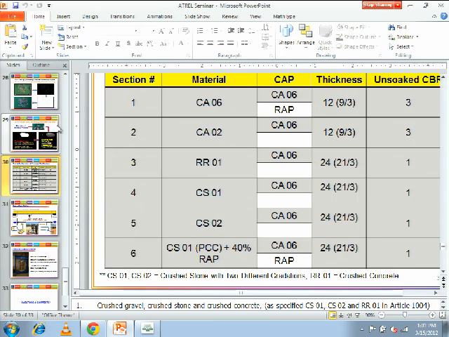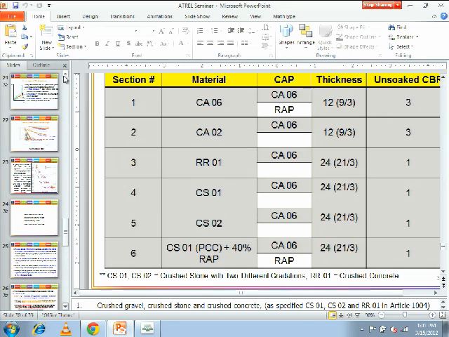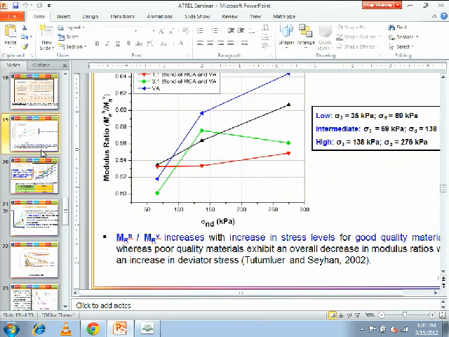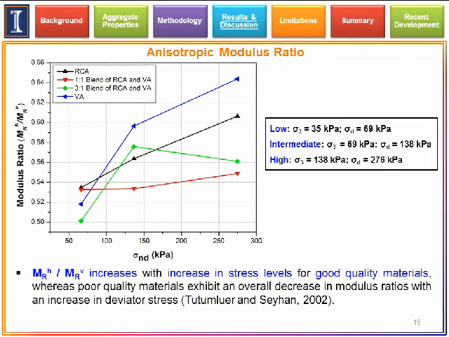So if we look at the results here, it's something like 0.5 to 0.65. But for other materials in Illinois, would that be typical? Yes, so this would be normal. But it should have an increasing trend, not like this.